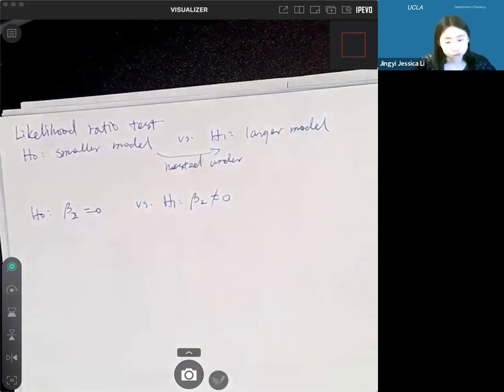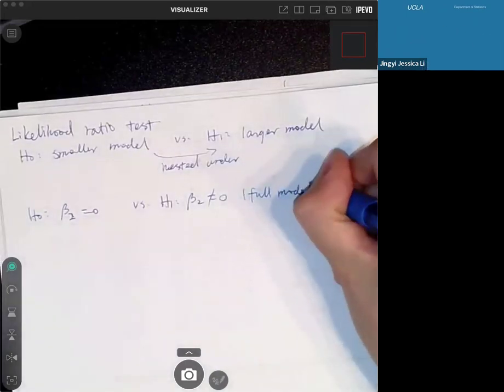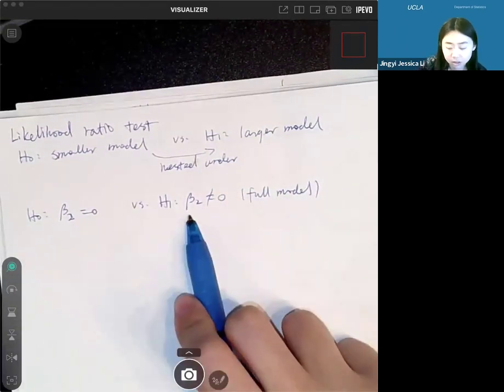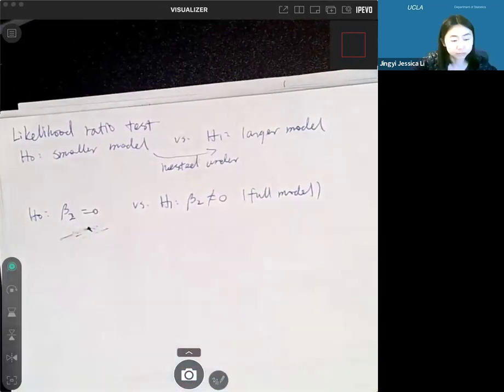They can take any values. So in a linear model setting, this is called a full model, because we don't put any constraints on the coefficients, but the other is a constrained, smaller model.